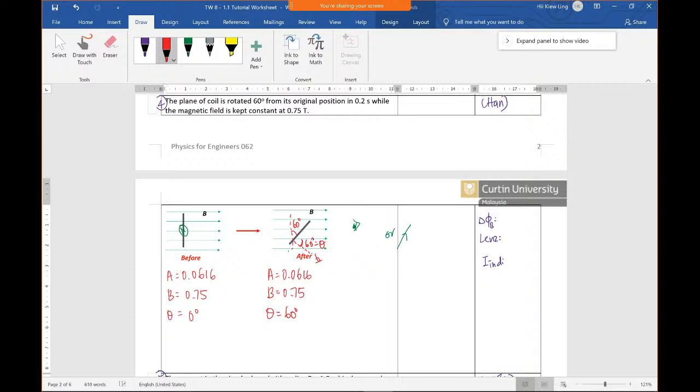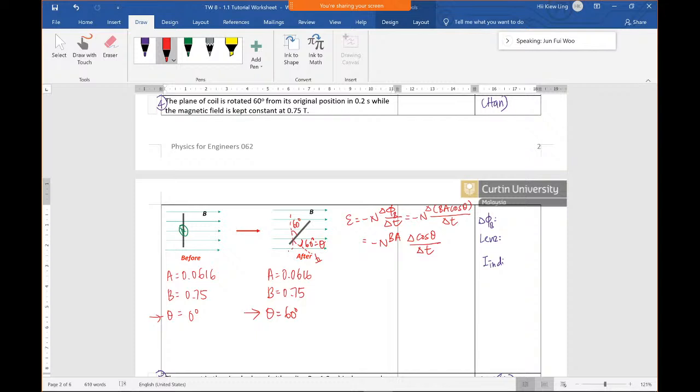Now let's do our calculation to find the induced current. Expand the equation. The changing factor is theta now. So move all the constants to the front and leave cos.